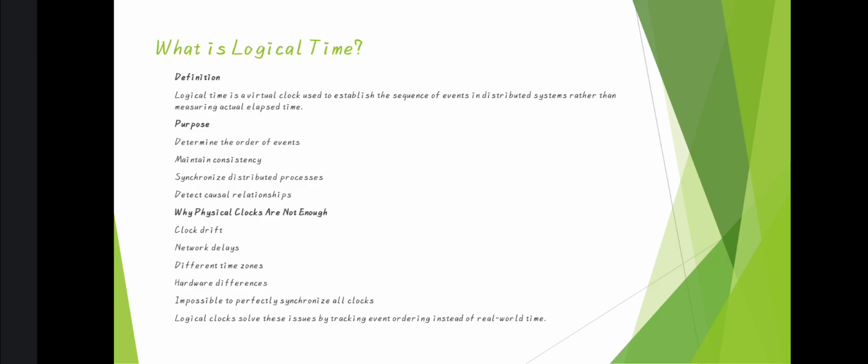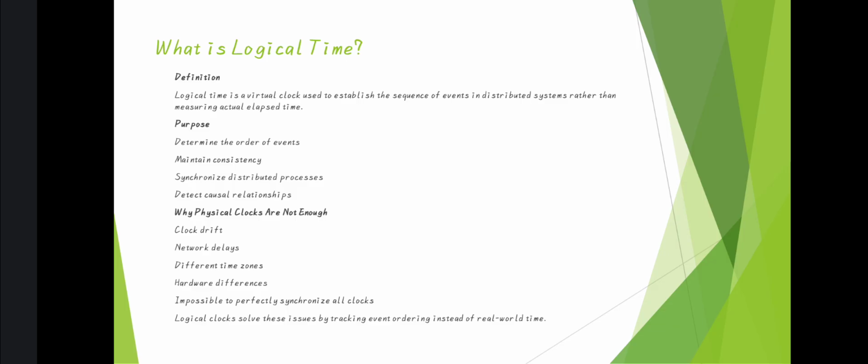Why are physical clocks not enough? The first reason is clock drift. Clock drift means if you have two clocks, clock A may be slow while clock B is fast.